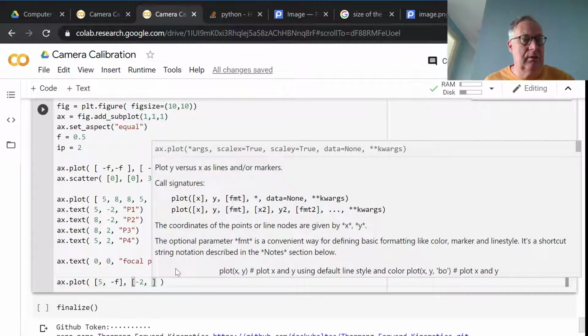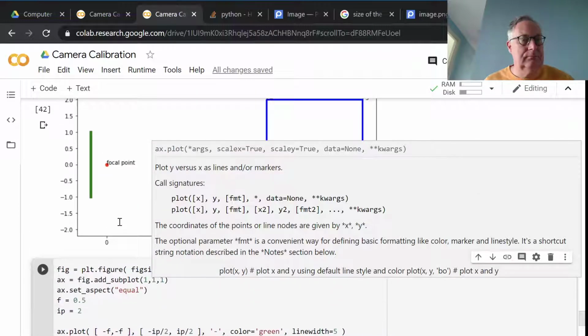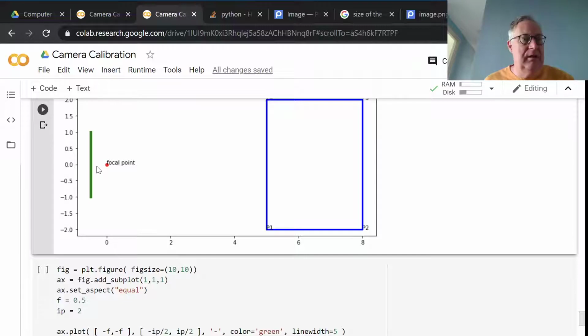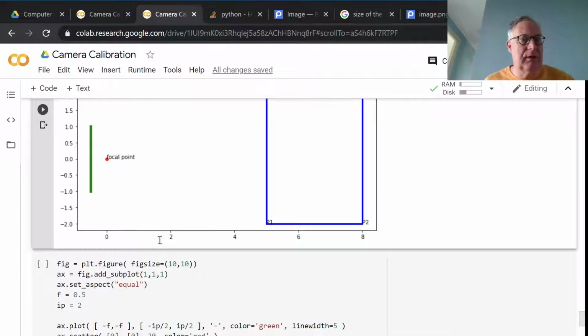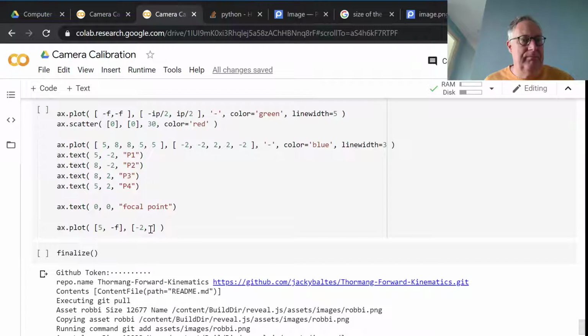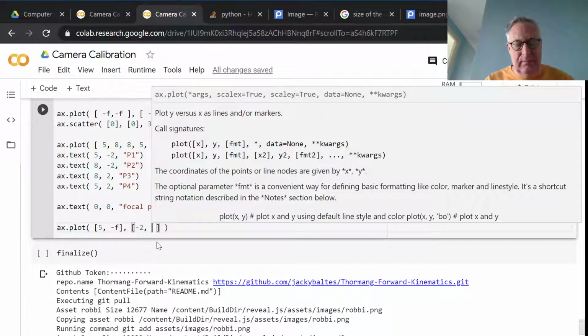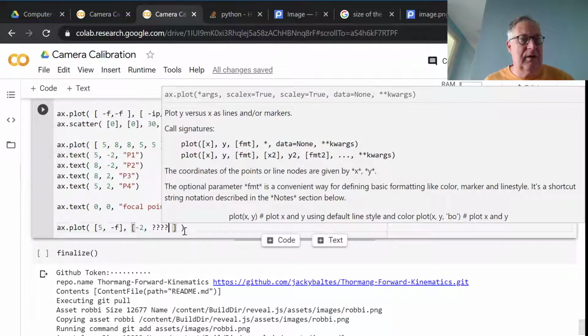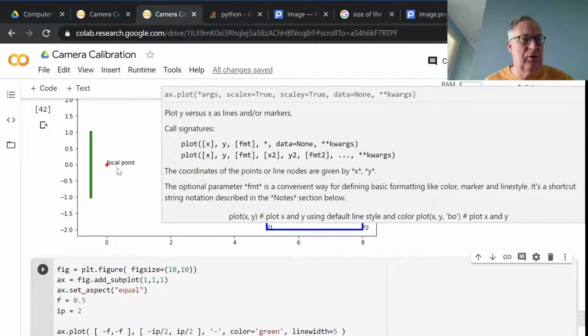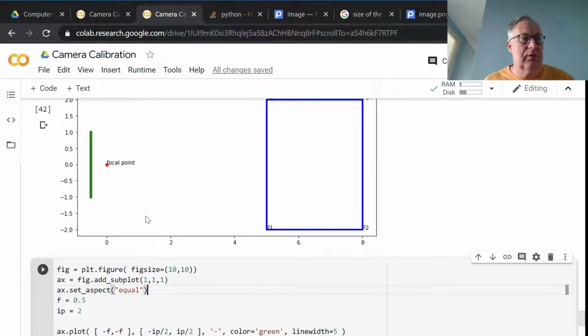And now, what will be this point? That's the question. If we can find out what that point is, then I know the coordinate of the pixel point here. So now I can work that out.